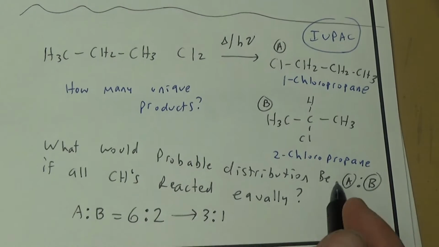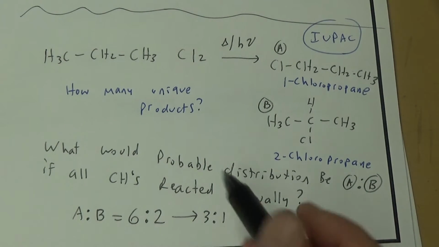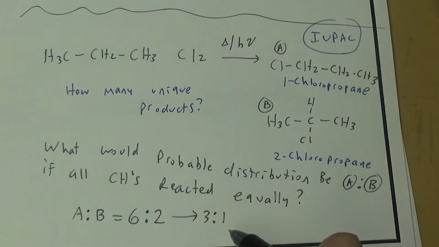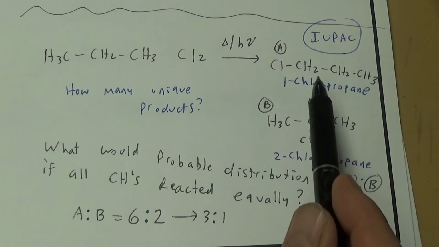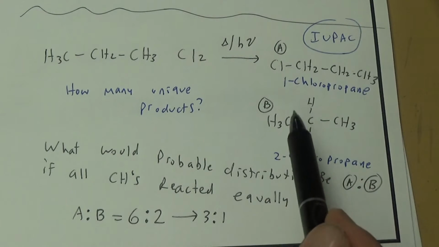So assuming that all of the hydrogens reacted equally, you would expect a 3 to 1 mixture of A to B. You'd expect 3 A's to 1 B.